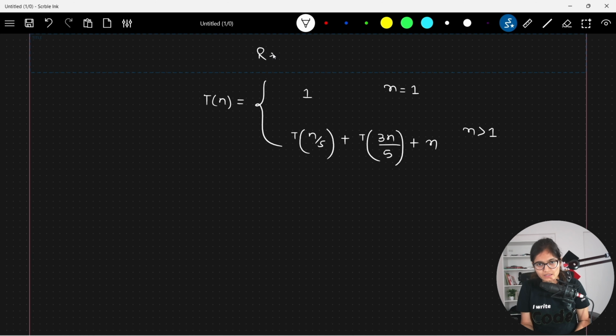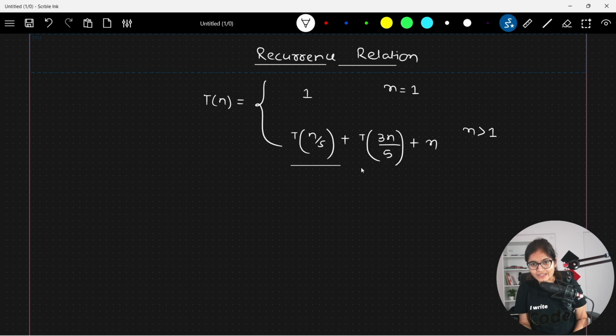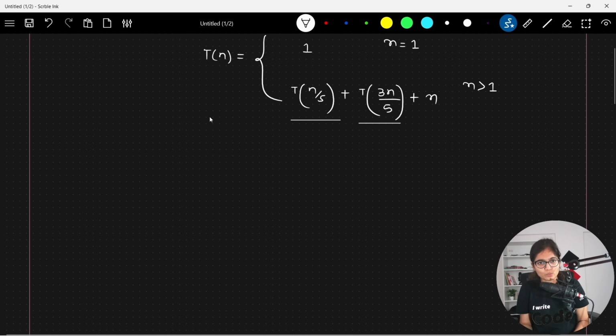Now, this recurrence relation is what we need to solve here. How can we solve it? Just see this very carefully. Again, we have more than one recursive term, right? So this can be solved with the help of a recursive tree approach only.